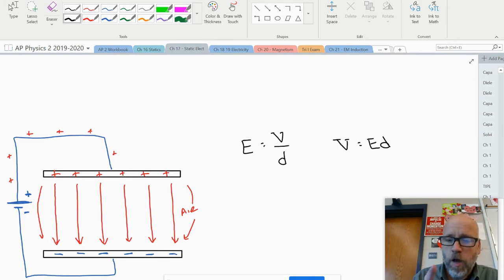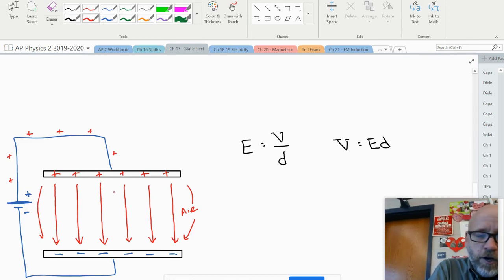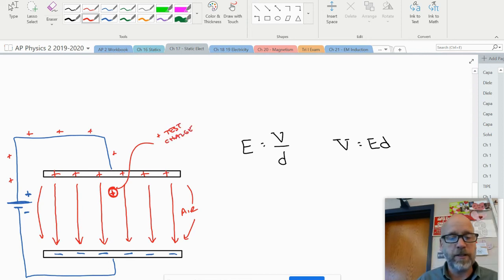Now, those field lines are going to point from the positive charge to the negative charge. And if I place a positive test charge there, it will experience a force. And that force will cause it to accelerate.